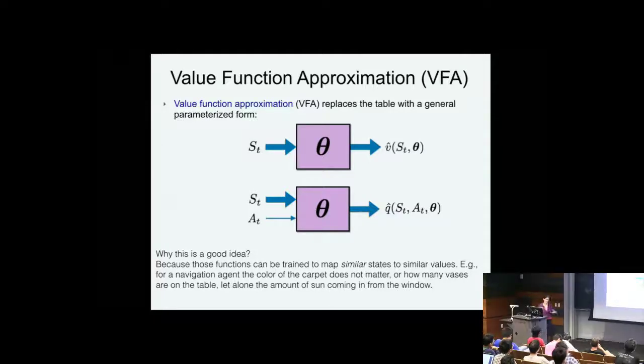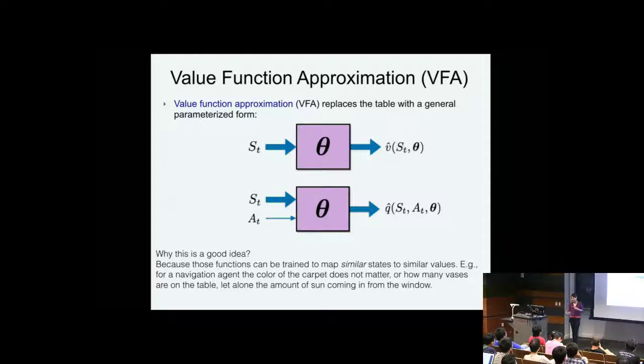For example, imagine you have an agent that wants to navigate in the world, wants to go, for example, to the door. The color of the carpet of the room is irrelevant. So even if I'm presented here with a completely new carpet, I should still be able to walk around perfectly well, and such function approximation should allow me to do that.